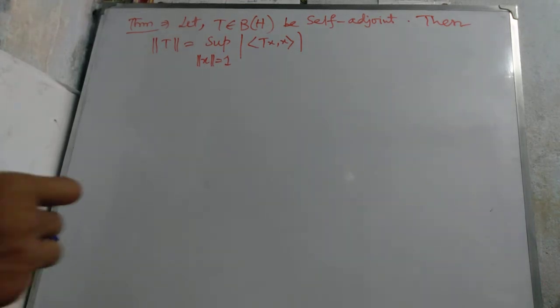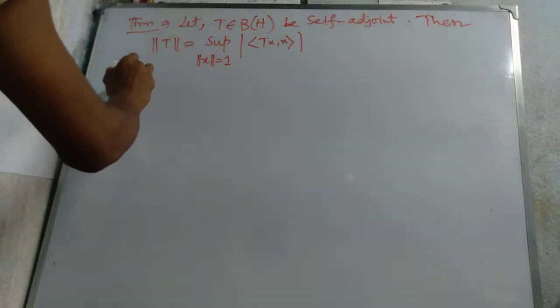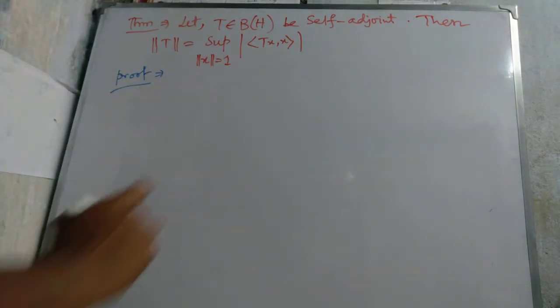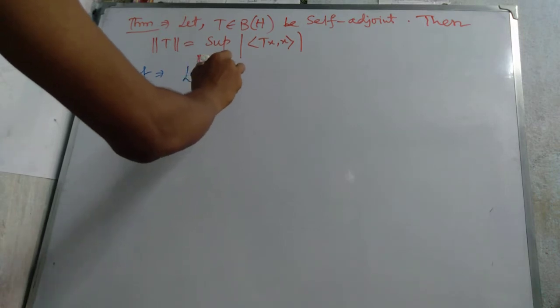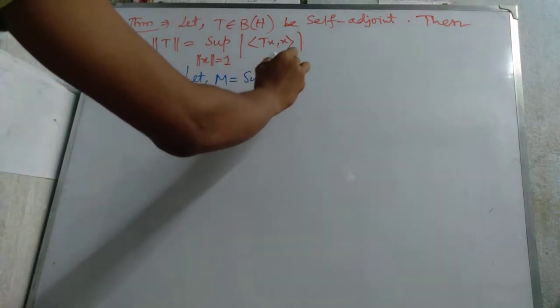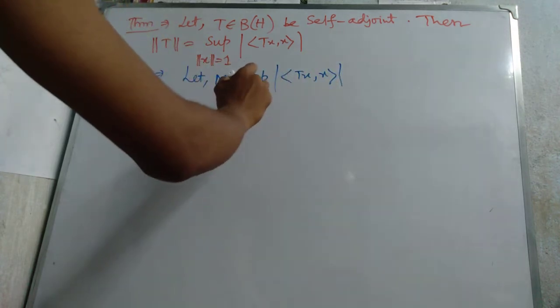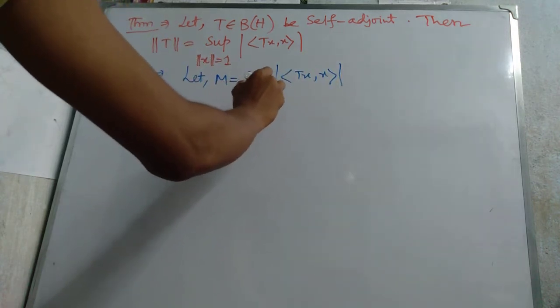To start, I'll prove it here, and let m equal to this one. Mark it: m equals the supremum of the modulus of the inner product of Tx, x, with norm of x equal to 1.